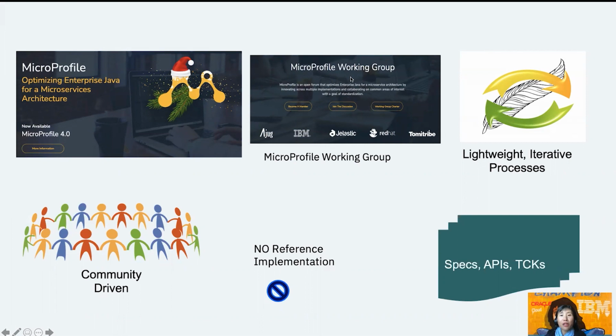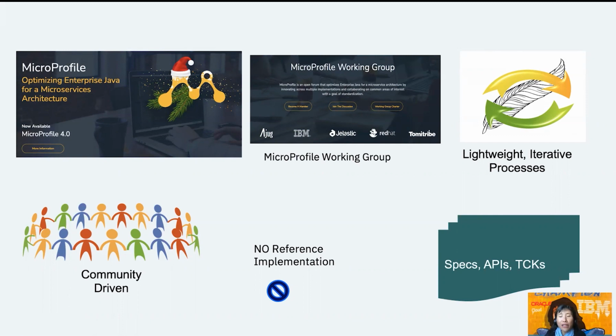This working group was set up in October 2020 with 5 corporate members from IBM, Red Hat, TomEE, Elastic, and Atlanta JUG. As you may know, Atlanta JUG is also the organizer for this conference, Devnexus.